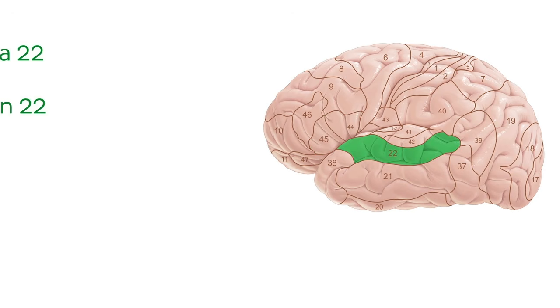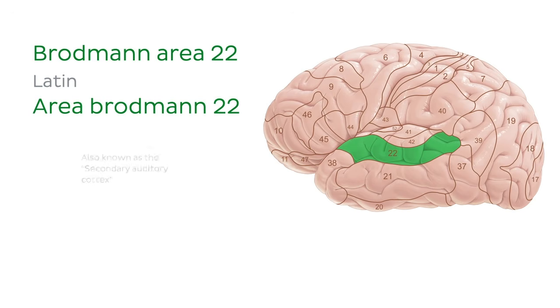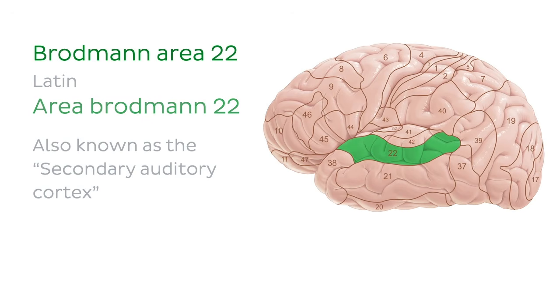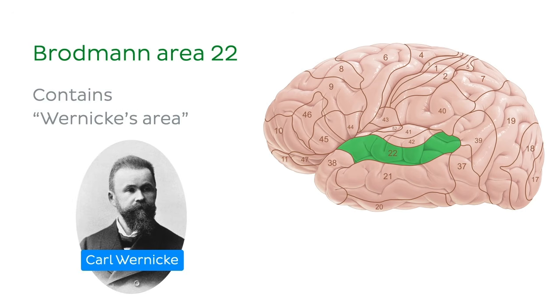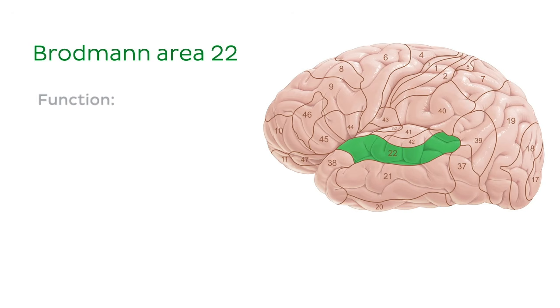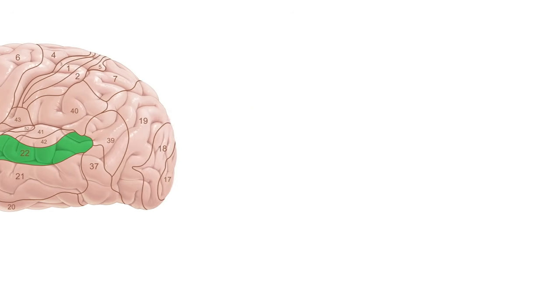Next, we have Brodmann area 22, which is also known as the secondary auditory cortex. In the dominant hemisphere, this contains Wernicke's area, which is named after the German physician Karl Wernicke, and is involved in language comprehension.